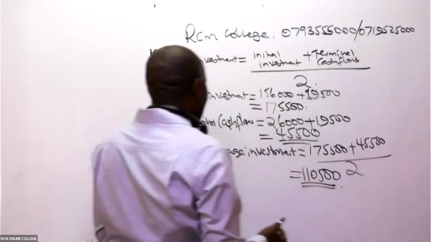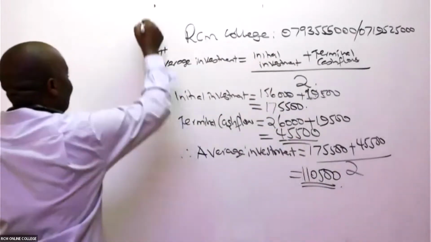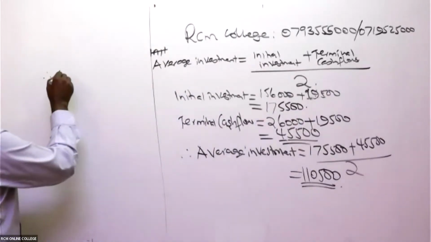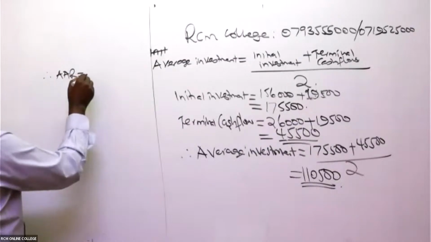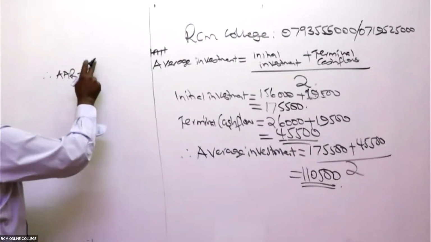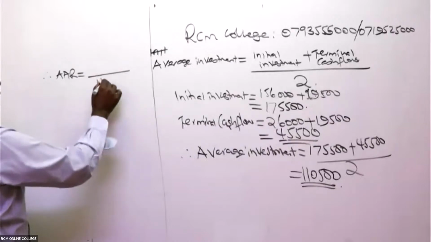And then, of course, if you're using this approach, our accounting average return will be the average accounting profit, which I've forgotten, over 110,500.